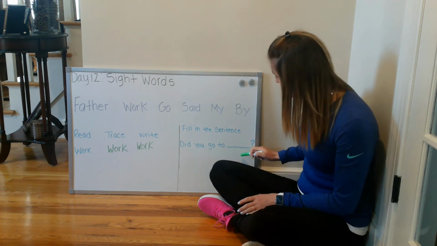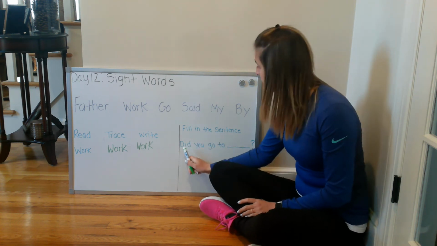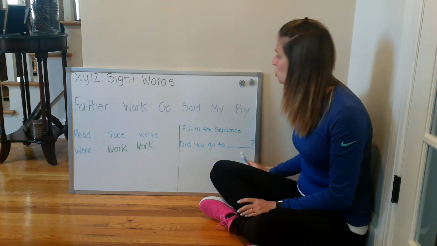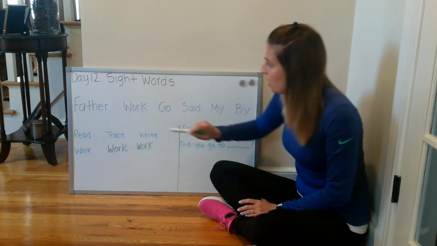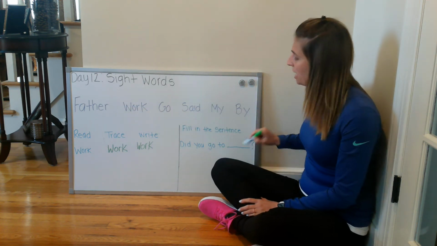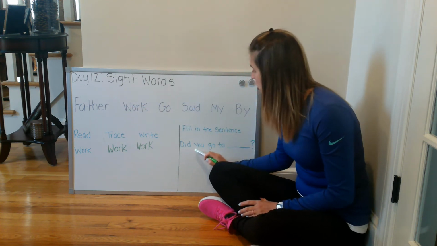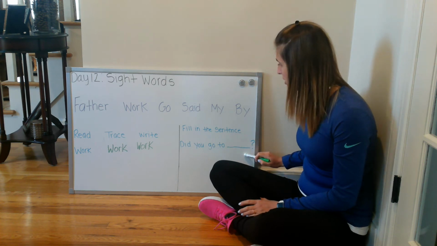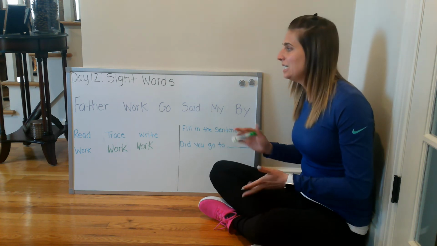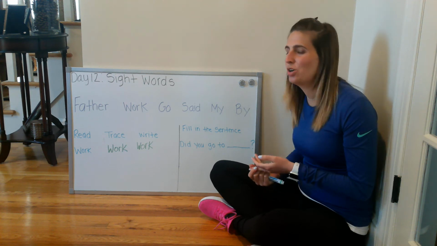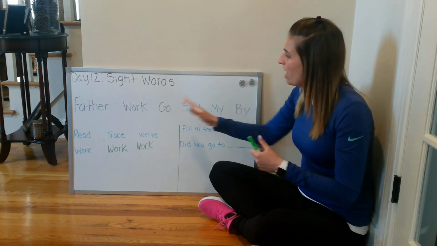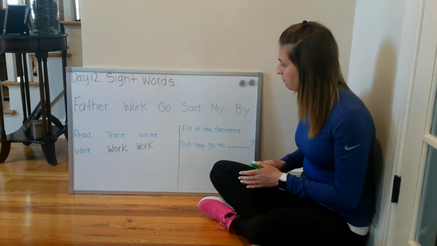So step 1 is we're going to read our sentence. Did you go to blank? Okay, now I'm going to choose my first sight word, which is father, and I'm going to put it into the blank. Did you go to father? It kind of makes sense, but it doesn't sound correctly, so I'm going to try other sight words just to see.